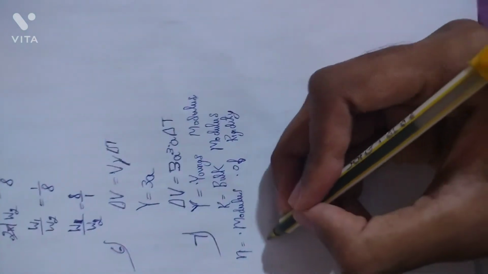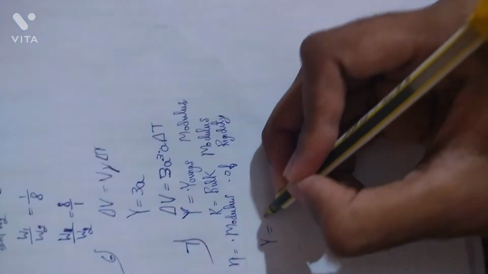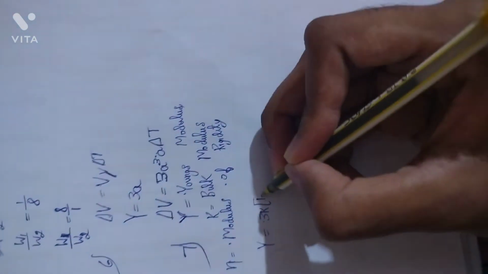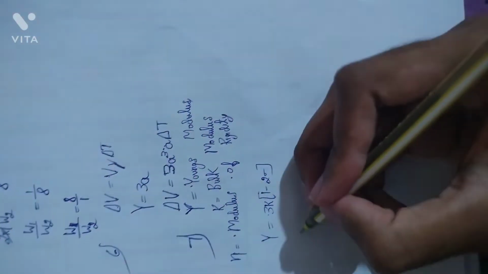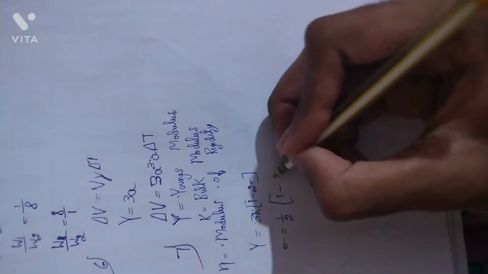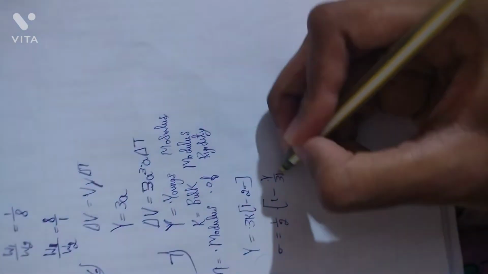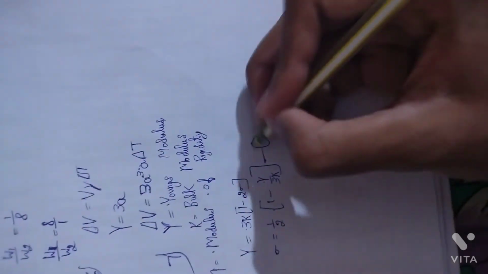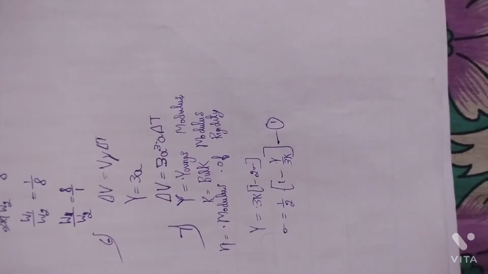As we all know, Y is equal to 3K(1 minus 2ν). So ν is equal to 1/2(1 minus Y/3K). This is the first equation we get.